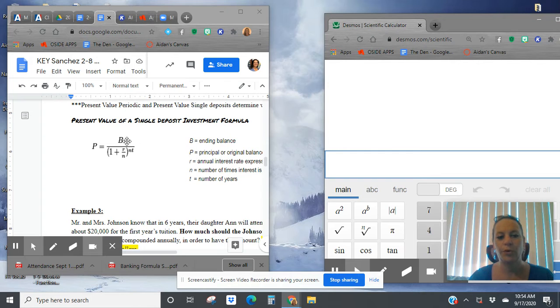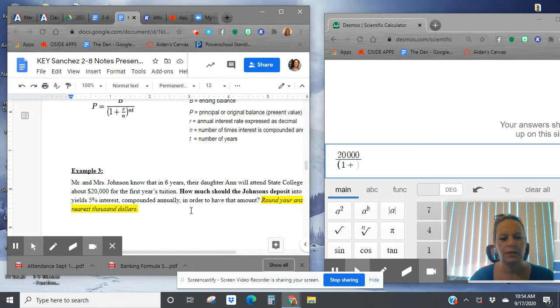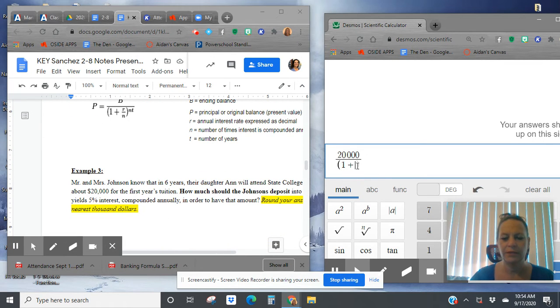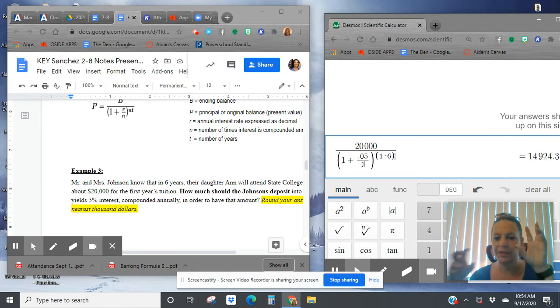So this time we're putting the balance that they want in the future, 20,000, divided by 1 plus their rate, 5%, compounded annually, to the power of annual compounding times, how many years was it? 6 years is when she's going to attend college. And so here's our new formula just manipulated around.